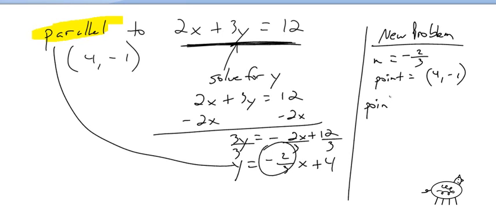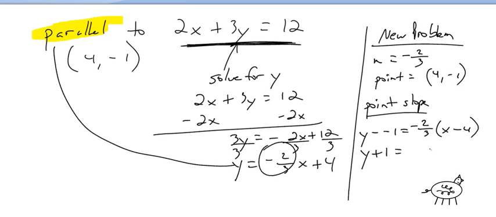That is so easy. y minus a negative 1 equals negative 2/3 times x minus 4. So y plus 1 equals negative 2/3 parentheses x minus 4. Okay, done with the problem. y plus 1 equals negative 2/3 parentheses x minus 4.